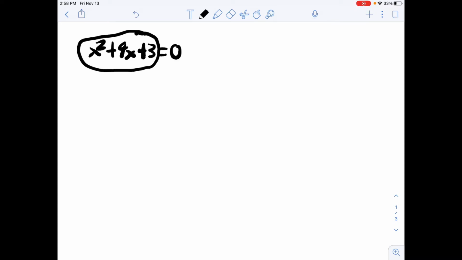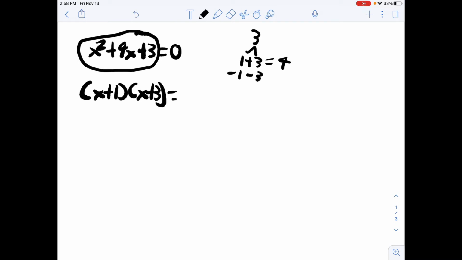So the factors of 3 are 1, 3, -1, and -3. And 1 plus 3 equals 4. So then that means this trinomial factors out to x plus 1 times x plus 3 equals 0.